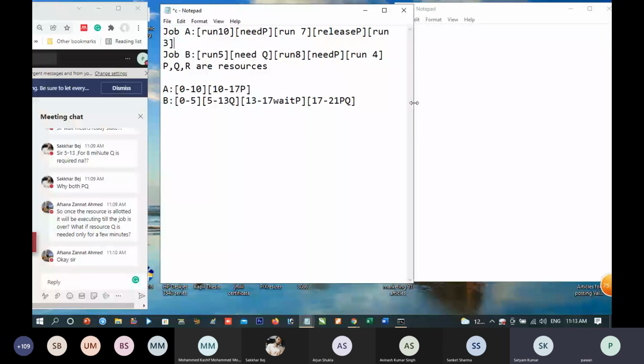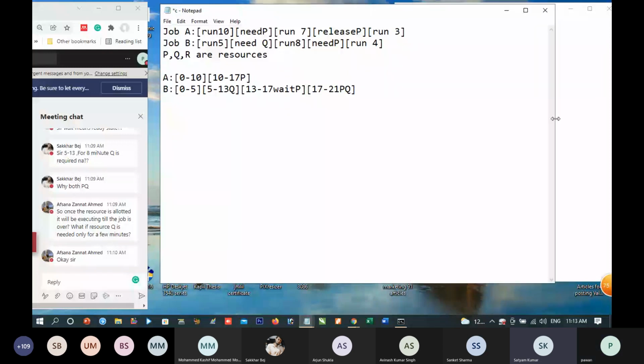These are the requirements of job A. What does job B need? It will execute for 5 unit time. Afterwards, it will need a resource Q. Afterwards, it will execute for 8 unit time. Afterwards, it will need a resource P. And afterwards, it will execute for 4 unit time with resources P and Q both. And afterwards, job B will become over. Hence, all the resources given to B will be free.